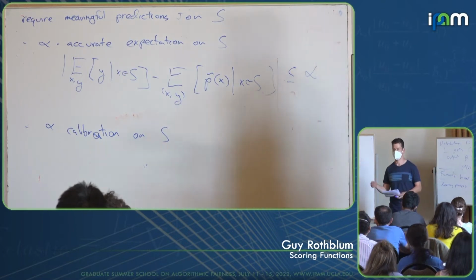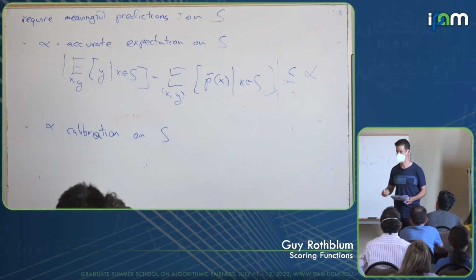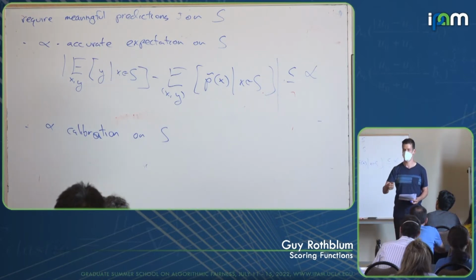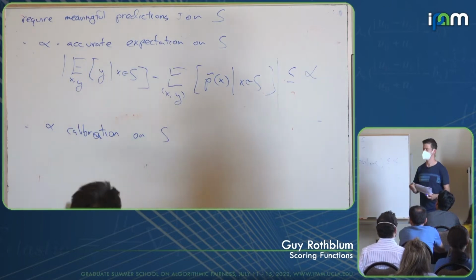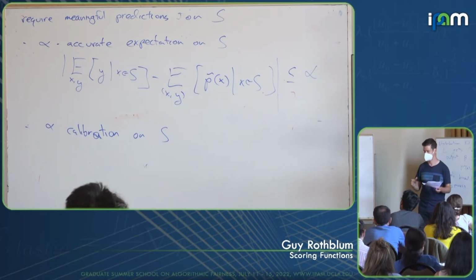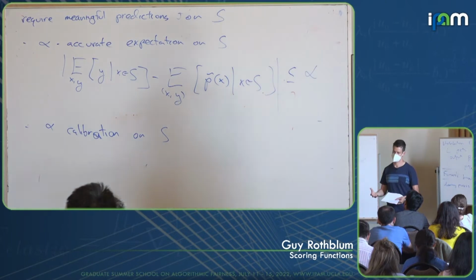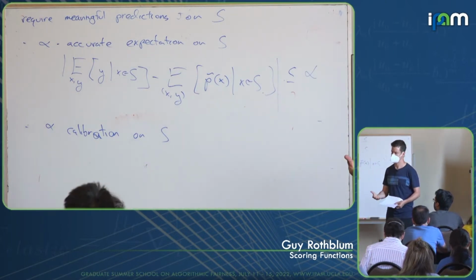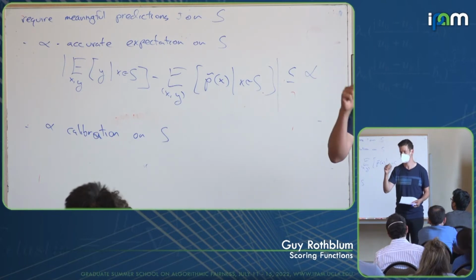Really what I would want is for the expectation to be accurate on the qualified, right? I want for the qualified applicants, for the predictor to be showing that they're qualified. So you're saying, well, maybe we could require that not just on S in aggregate, but on every possible subset of S, the predictor is accurate. That would be great if we could do it, but it's too strong. Because in particular, the predictor is making errors, so a posteriori, I can look at the members of S where the predictor is erring in one direction, say underestimating them.